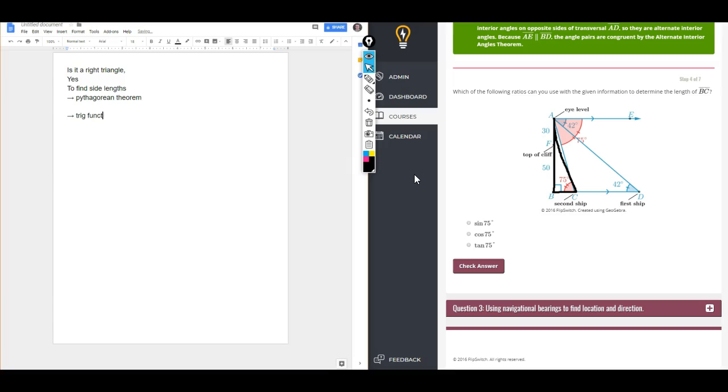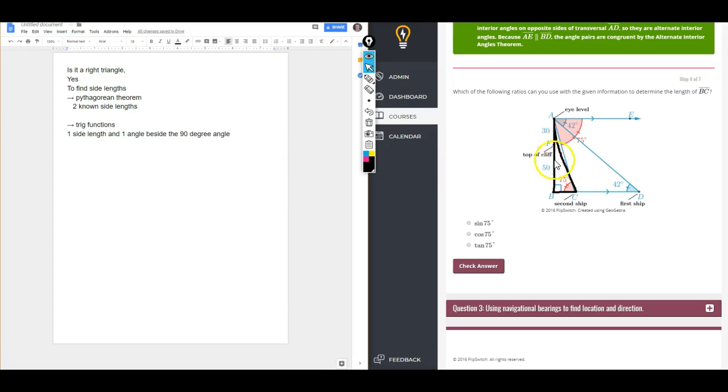So I'm going to ask myself, what is required if I want to use the Pythagorean theorem? Well, we have to have two known side lengths. And what is required in order to find a side length with the trig function? We have to have one side length and one angle besides the 90-degree angle.